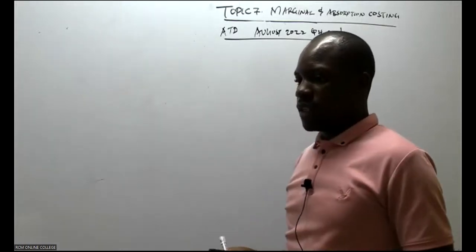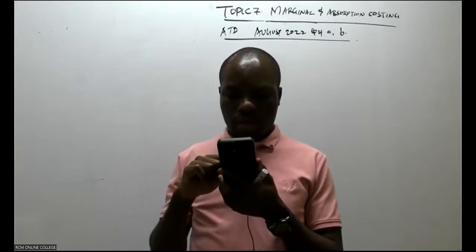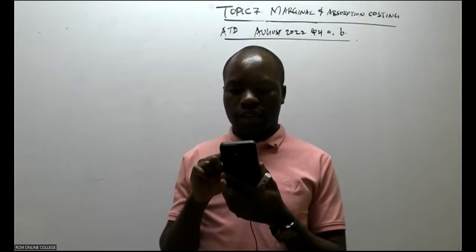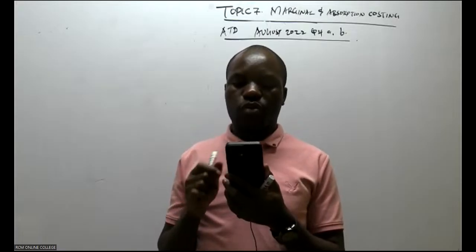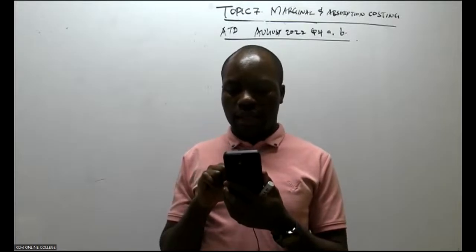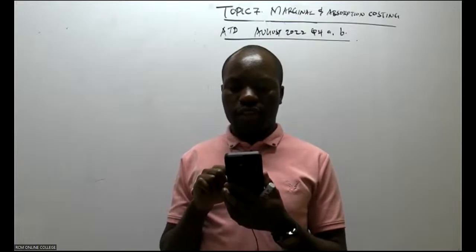If you read that particular question, you'll be able to see you are being told that RH Limited manufactures and sells a single product branded Z. Currently, it uses absorption costing to determine profits and inventory values.